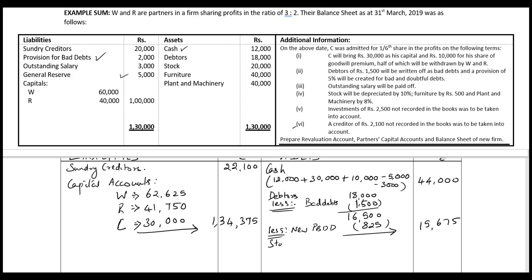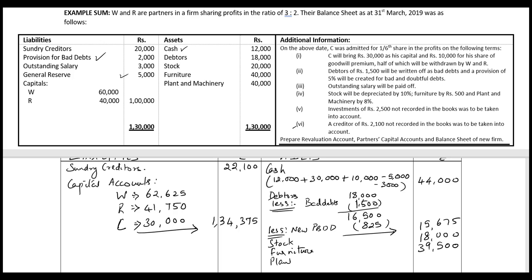Stock, the original figure is 20,000, but we reduced the stock by 10%, so it's now 18,000. Furniture, original figure 40,000, we reduced by 500 rupees, so now it's 39,500.